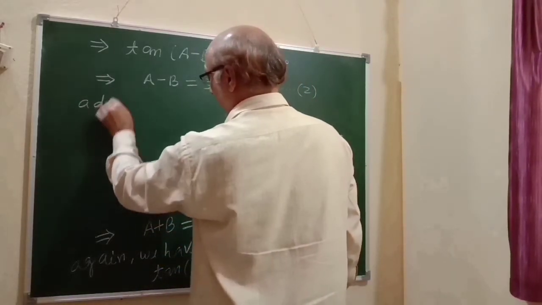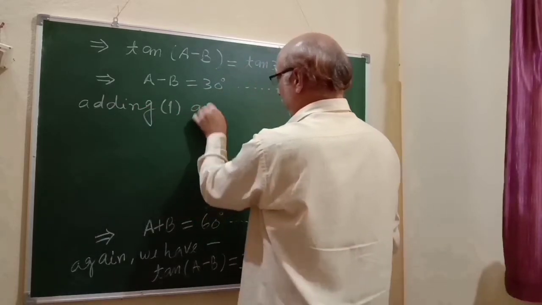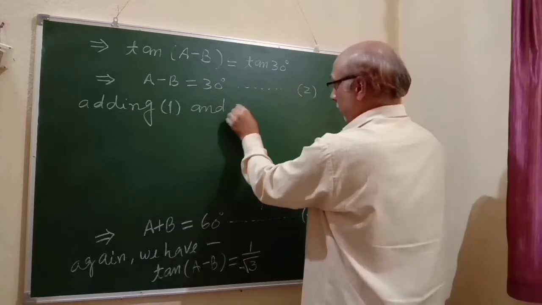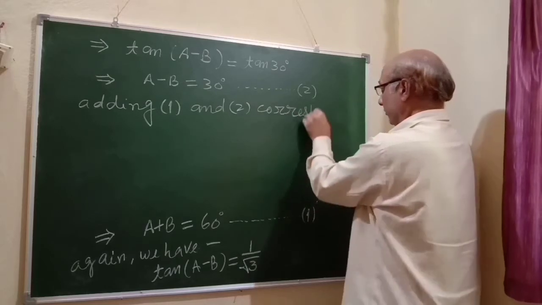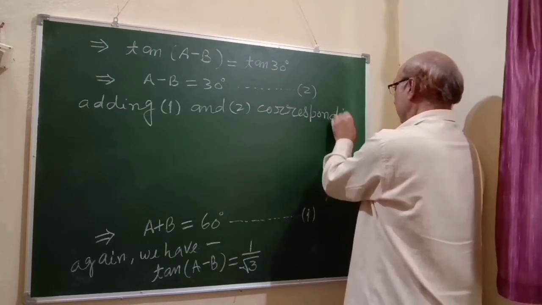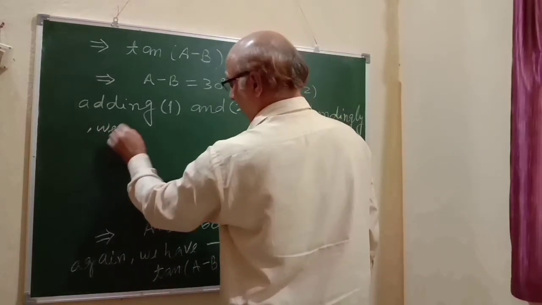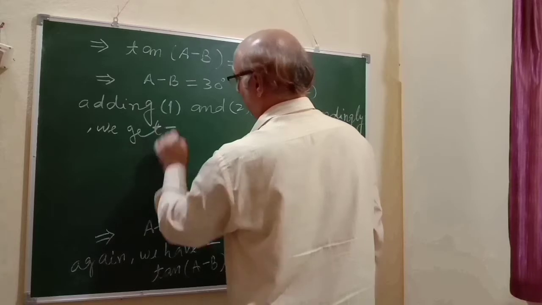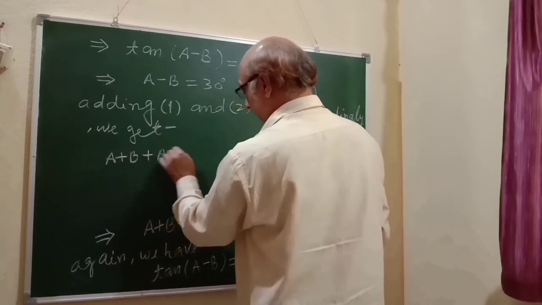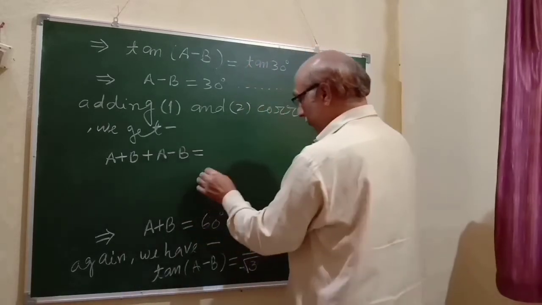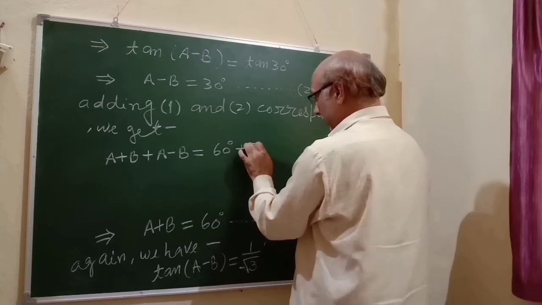Adding 1 and 2 correspondingly, we get a plus b plus a minus b equal to 60 degree plus 30 degree.